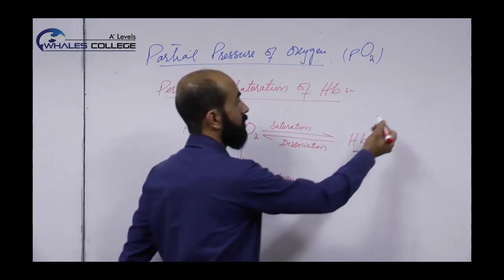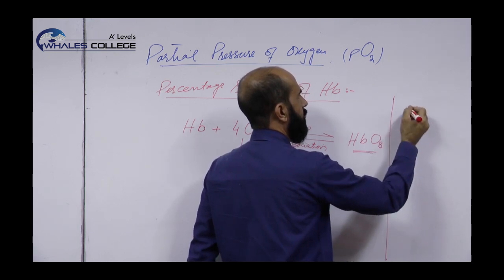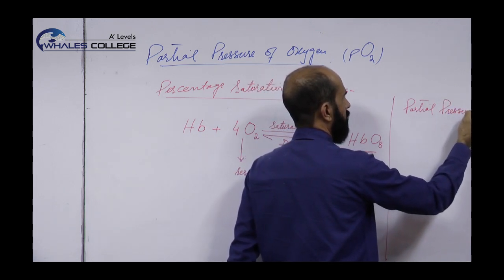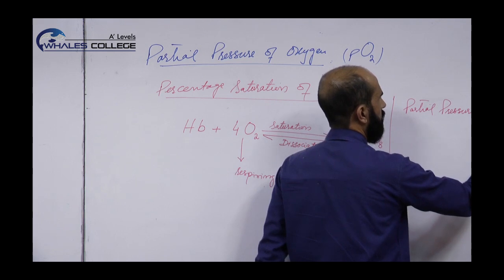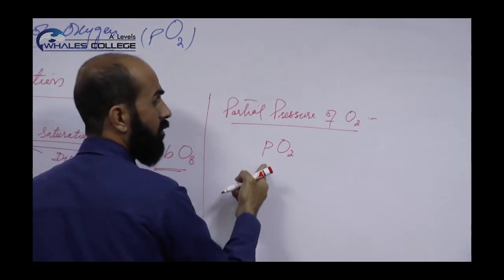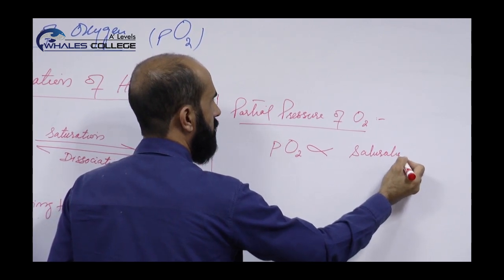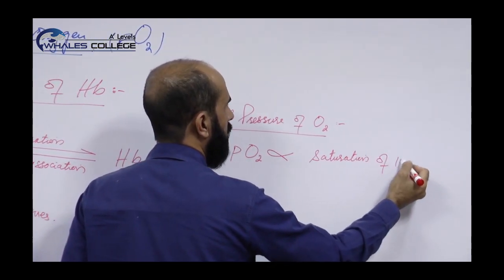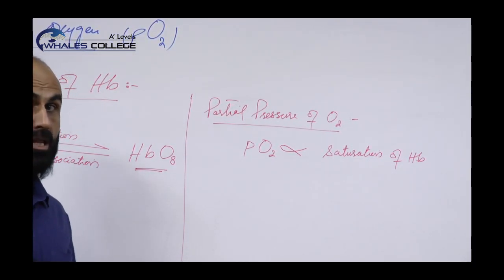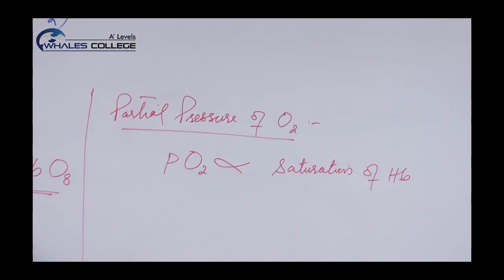One by one, let's talk about, first of all, the partial pressure of oxygen. The higher the partial pressure of oxygen, the higher will be the saturation of hemoglobin. They are directly related. The higher the partial pressure of oxygen, the more oxygen available in the blood, and the more likely hemoglobin will pick up the oxygen instead of dissociating.